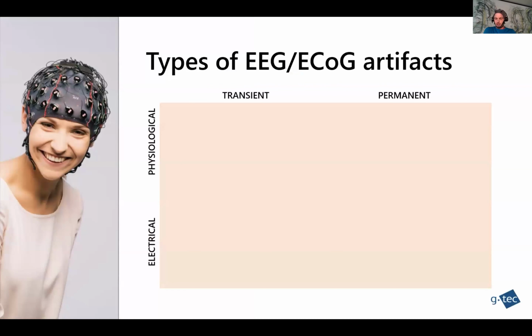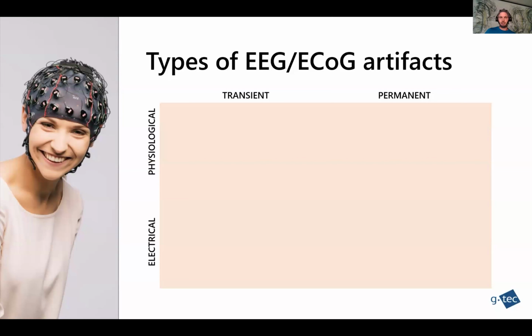So let me start with introducing a little bit the types of EEG and ECoG artifacts we are dealing a lot with. In principle, an artifact is something you don't want to have. So this comes from an external or different source than the signal you want to actually measure.